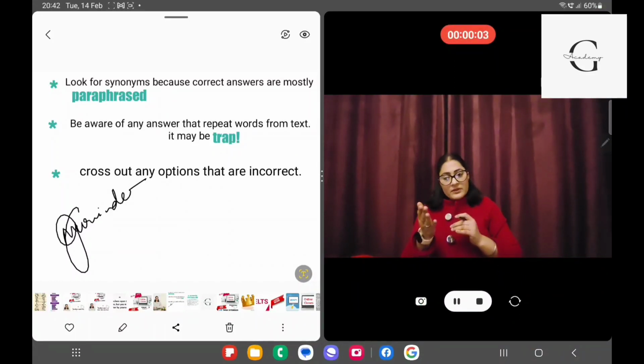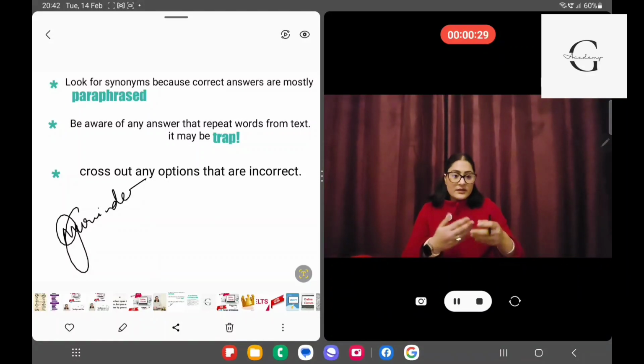You can see on the screen we have some tips which you must implement while doing your MCQs. Look for synonyms because correct answers are mostly paraphrased. When you're doing IELTS reading, you can't just look for the same words in the passage while looking for your answers, because mostly 70 to 80% of answers are paraphrased.